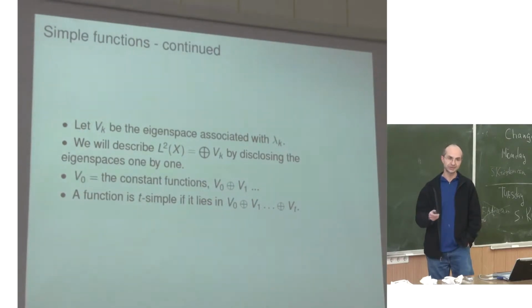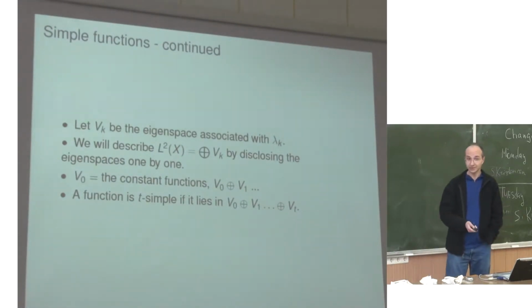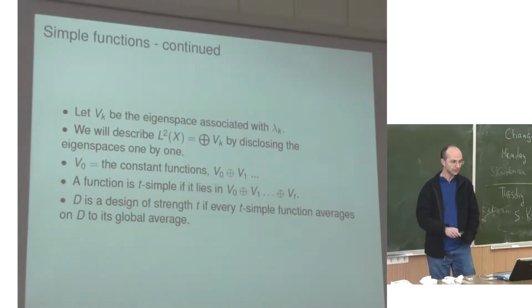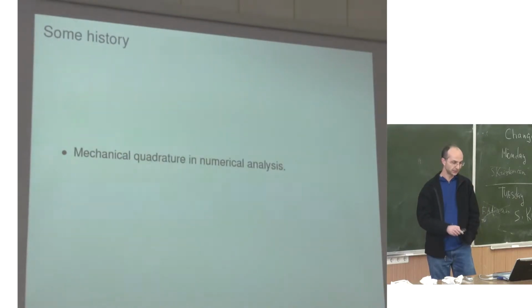Usually, not always. For general graphs, there is no reason to believe that. For symmetric graphs, it's an empirical fact that this is the right definition. It's a good question. I don't have a good answer for that. Okay, so this is the definition.